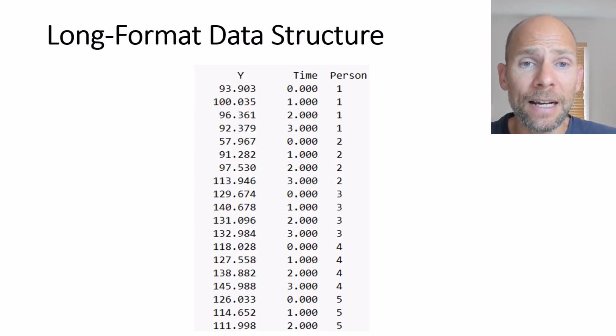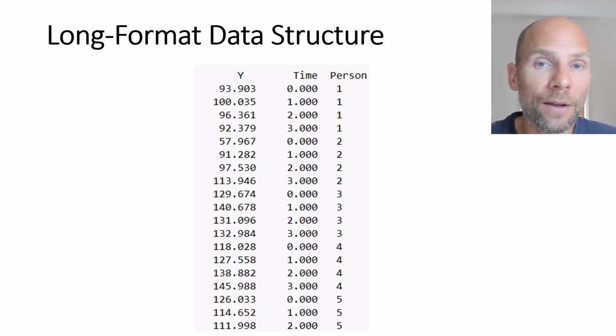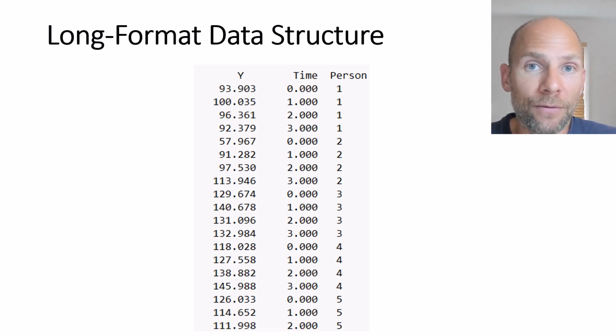Now, what does the data format look like for a multi-level specification? This is now long format data, and here you can see that we need only 3 variables as opposed to the 4 that we needed previously in the wide format data structure.